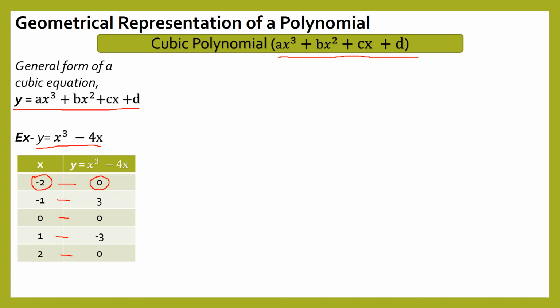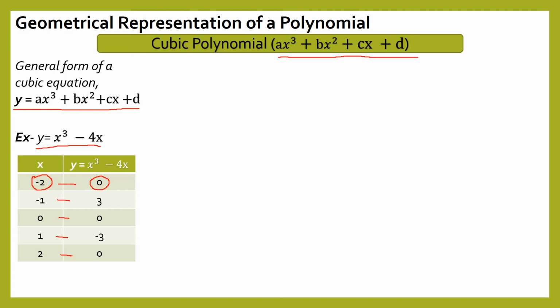We plot these coordinates on a graph paper and then draw a line passing through all these coordinates. Now this line will be the geometrical curve for the cubic polynomial.